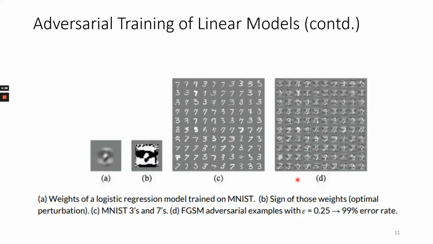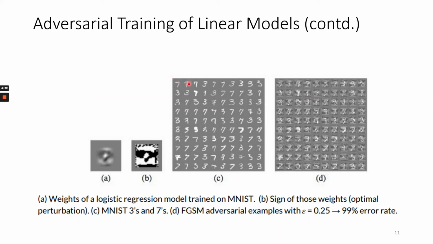This image here shows us a visual representation of the logistic regression model that we have just seen, and how it affects the accuracy when trained on the MNIST dataset. The first image here is the weight of the logistic regression model when trained on MNIST data, and the second image is the sign function applied on the weights shown in the first image. Image C here is the dataset that is used for the task of discriminating between 3s and 7s.